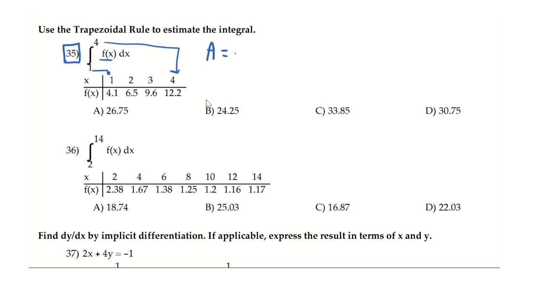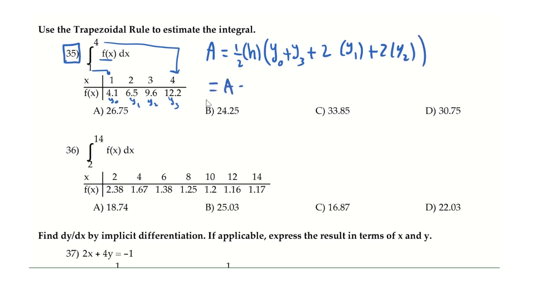Area of the trapezoid is half h and then y naught, and this is y naught by the way. Let's count it, y1, y2, y3. So y naught in this question plus y3, which is the last value, plus twice the values between them, which is twice y1 and twice y2.